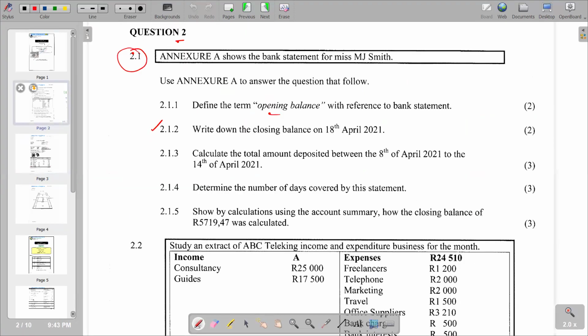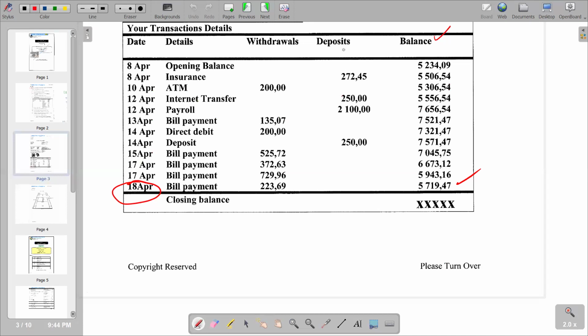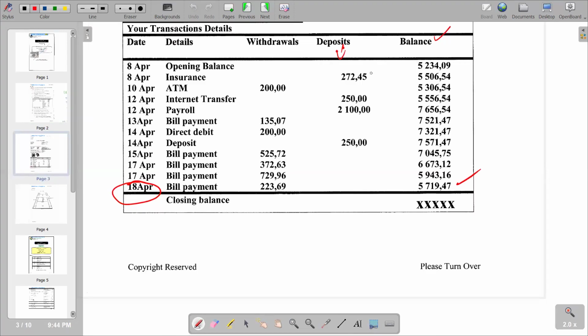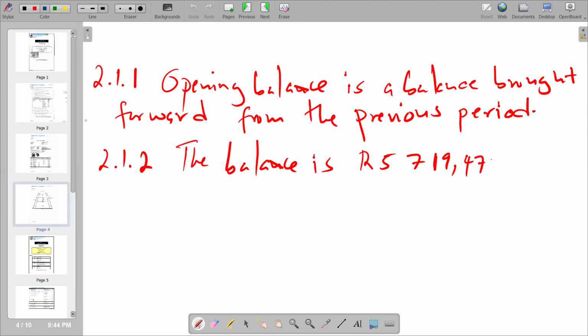We go to the next question, which says: calculate the total amount deposited between 8th April and 14th April. We again refer to our statement, and you see that we have a column for deposits here. The question requires us to calculate the total amount deposited. So we just add 272 rands 5 cents, plus 250 rands, plus 2,100 rands, plus 250 rands.